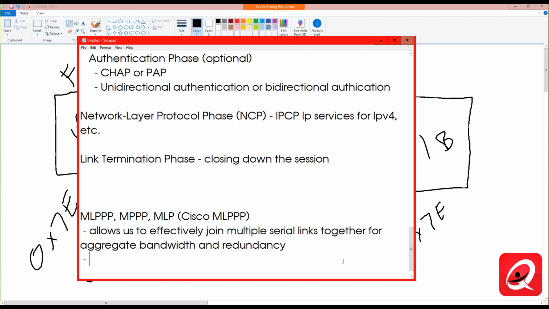Now, you won't have to configure this on the test. You're just going to have to be aware of what it does and what it's for. All right, and that's why I'm mentioning it here.